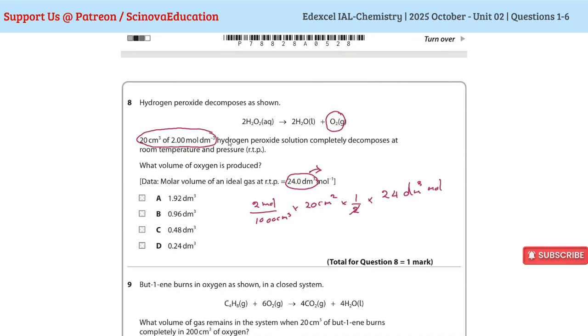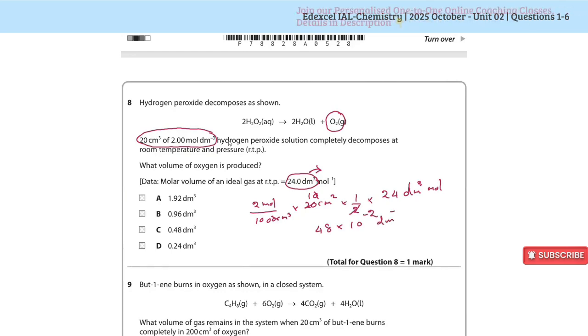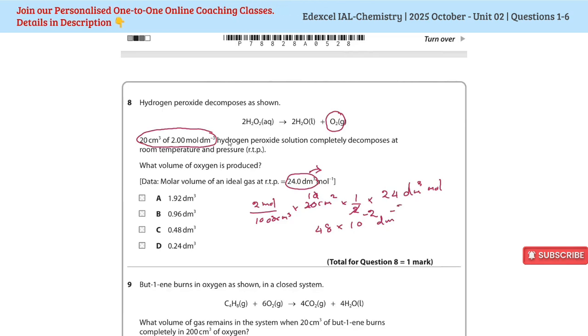So you are getting a value like 48 times 10 to the power minus 2, which is equal to 0.48 cubic decimeters.